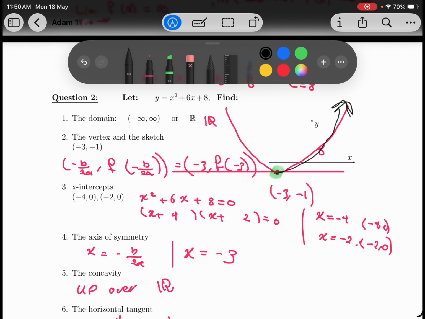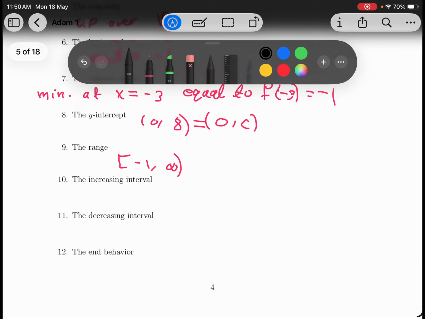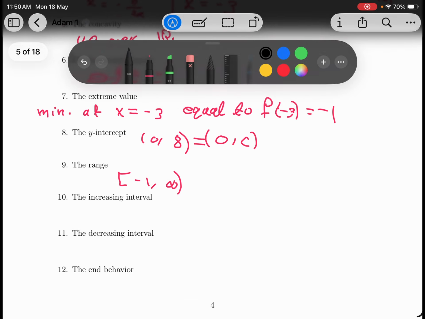No, we are taking x into consideration. So this is increasing, okay? The increasing interval is from minus 3 to infinity. Please, don't ever do that. Not from minus 1 to infinity, okay? This is not the increasing interval, this is the range. So please don't write this.